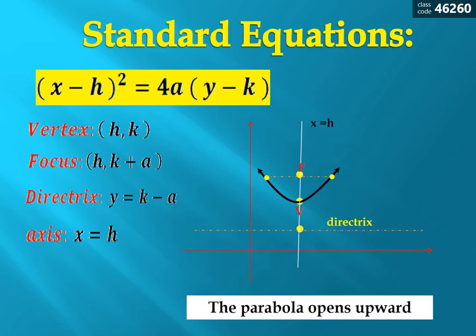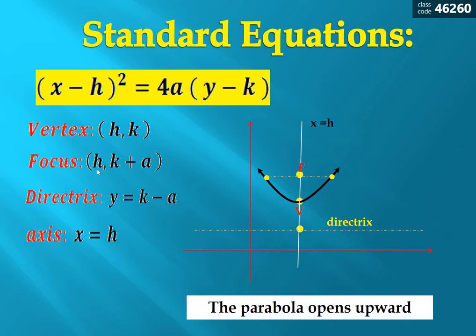So here are the standard equations for a parabola. First, we have the square of (x minus h) equals 4a times the quantity (y minus k). In here, the vertex is (h, k), the focus is (h, k plus a).